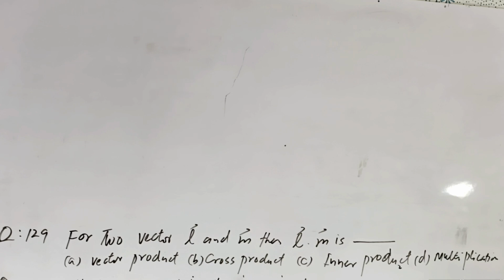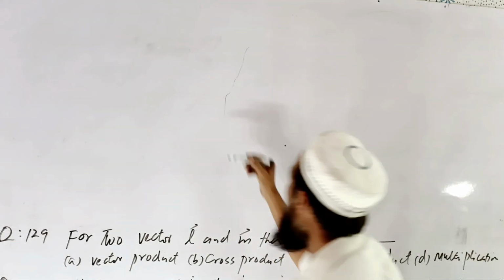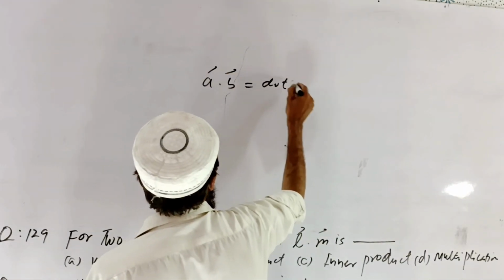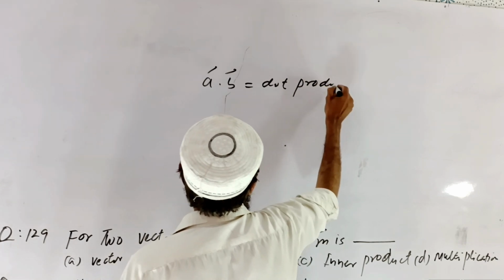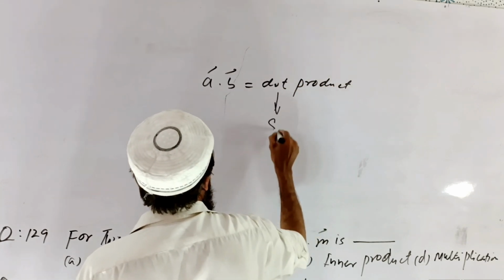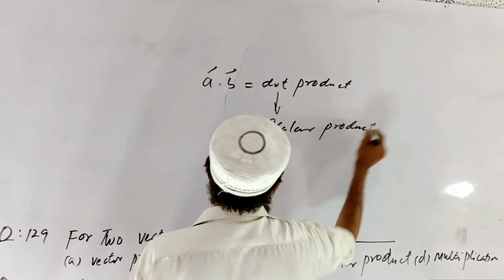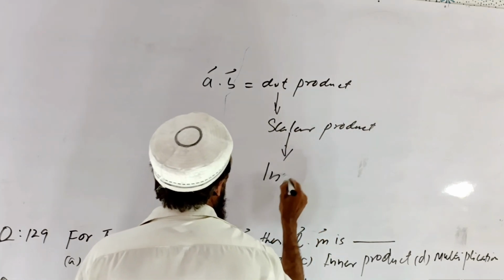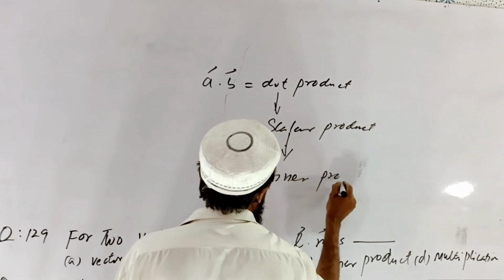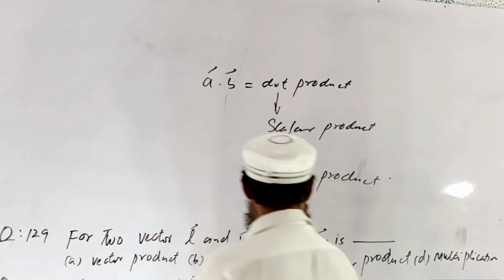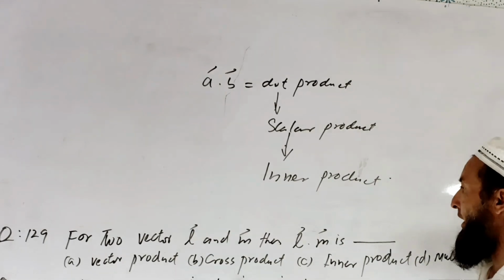The scalar product is also called the inner product. So the correct option here is C.